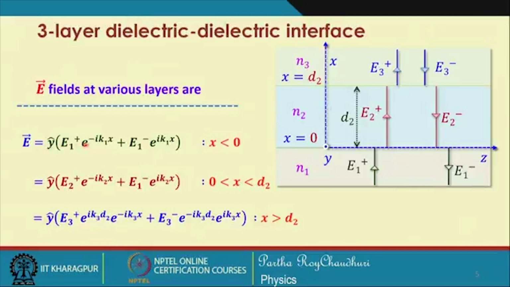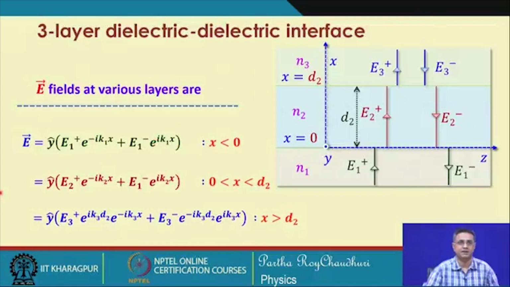Therefore, the electric field in the layer x less than 0 is equal to E1 plus, a forward propagating wave e to the power minus i k1 x, with a minus sign because this is moving in the positive x direction, and the reflected one is E1 minus, and because it is propagating in the negative x direction, there is a plus sign.